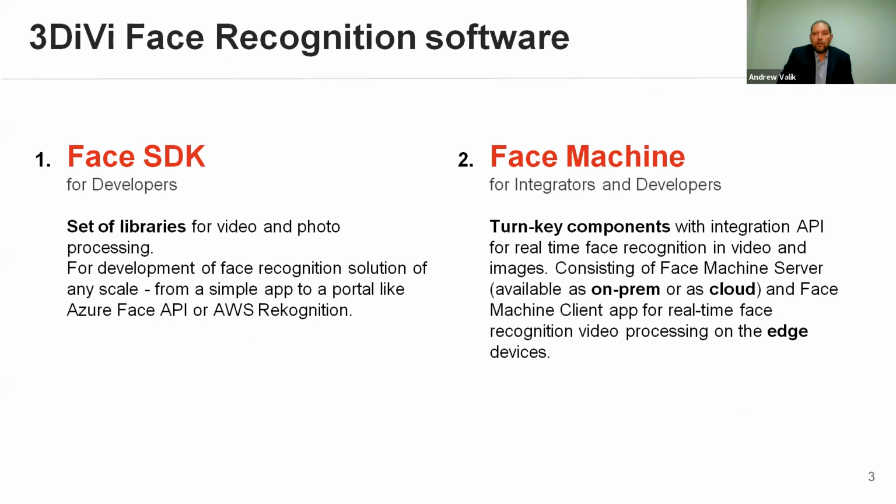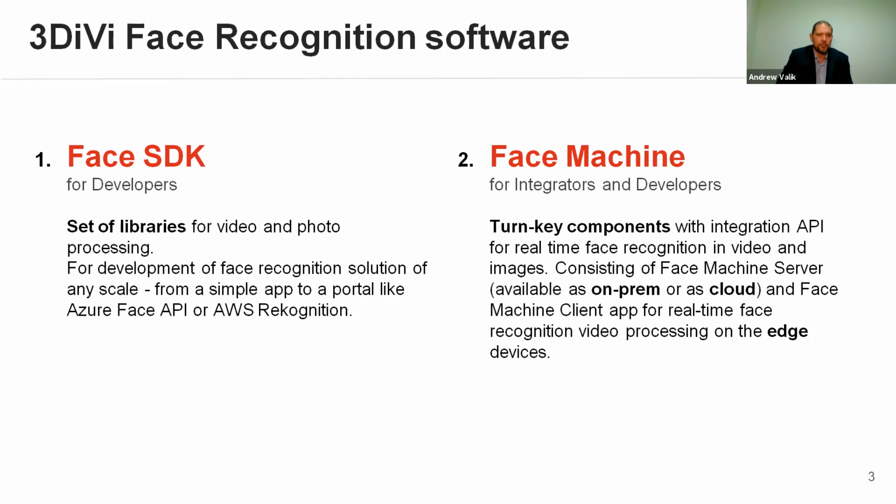So today I will tell about our face recognition software. We provide two main products for face recognition. The first product is Face SDK. This product is for developers. It's a set of libraries for video and photo processing.